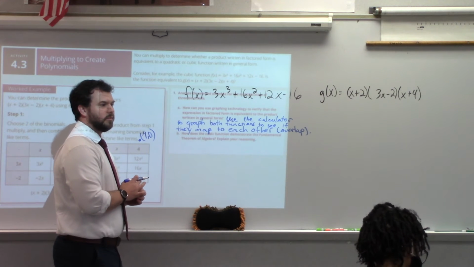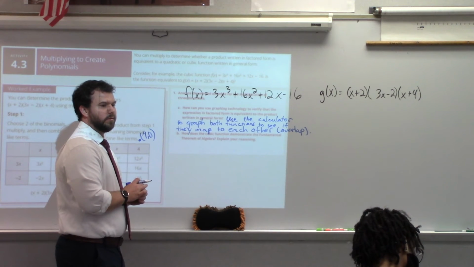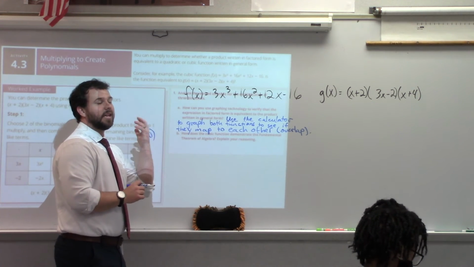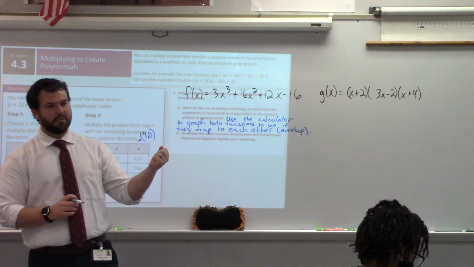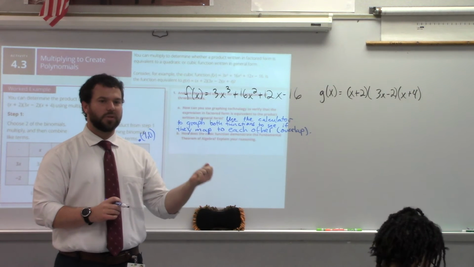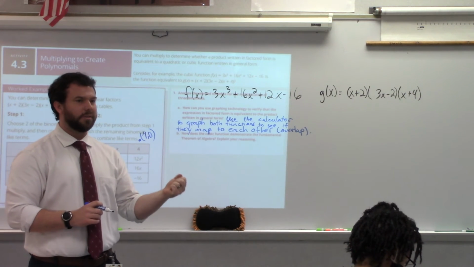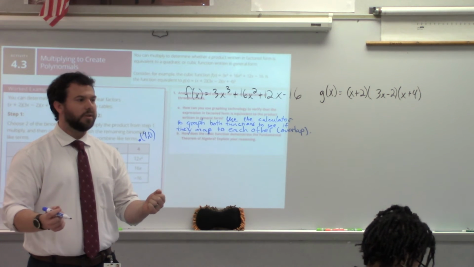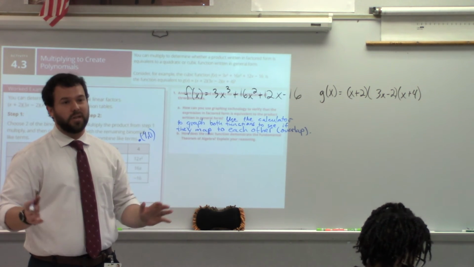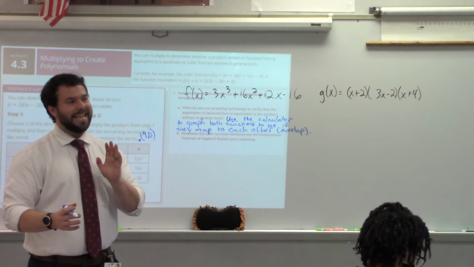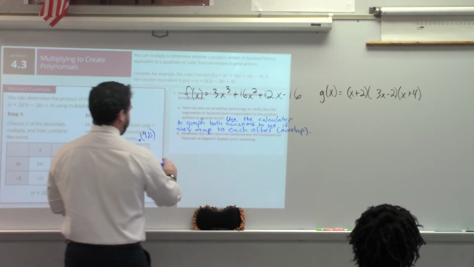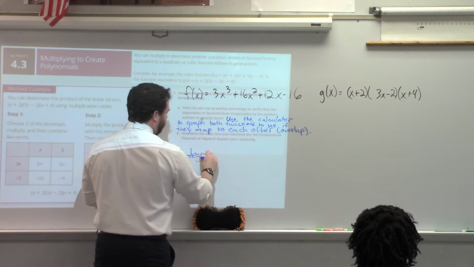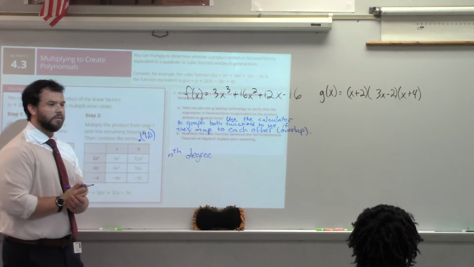The degree is... So, remember, that means that, let's say you have a 4th degree polynomial. What do you know about that 4th degree polynomial? It's got 4 zeros. If you have a 17th degree polynomial, 17 zeros. So let's make it super abstract. If you have an nth degree polynomial, how many zeros are you going to have?